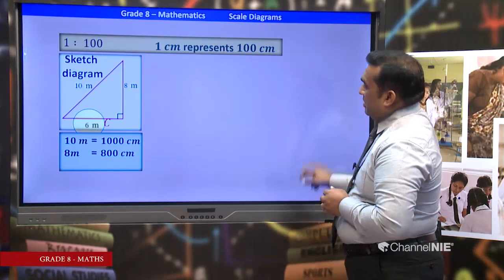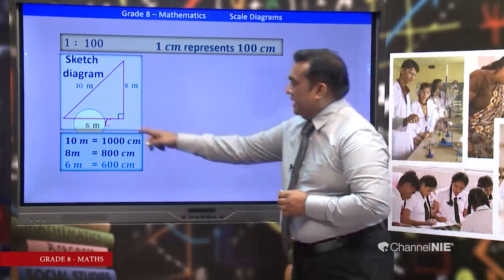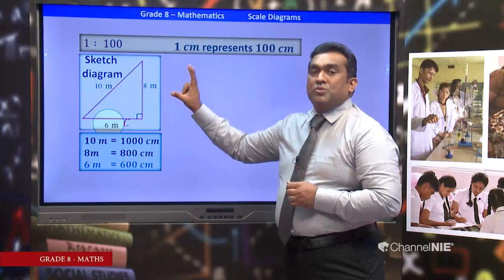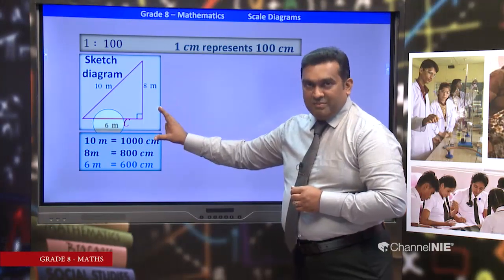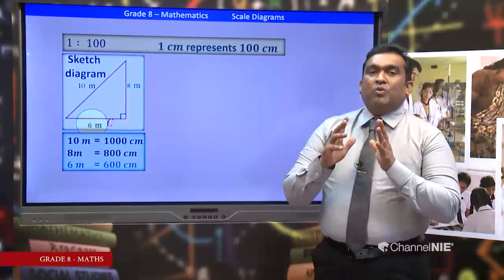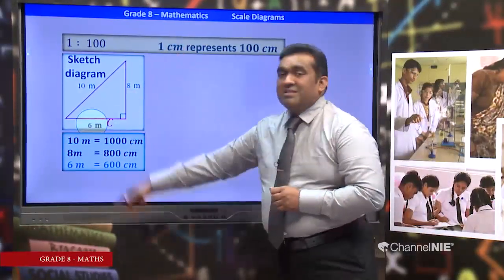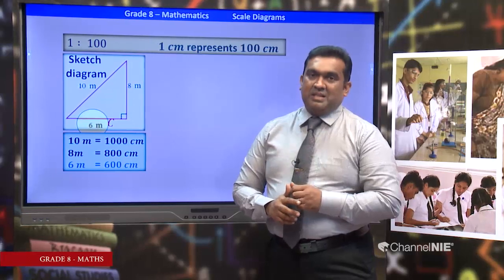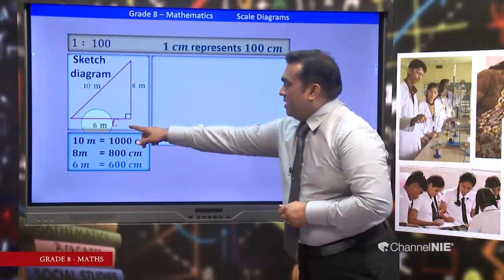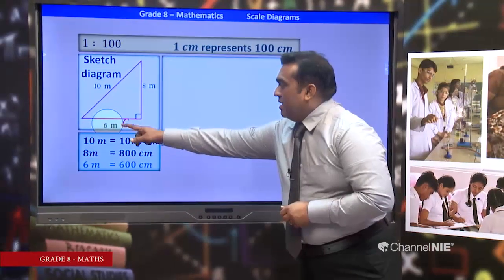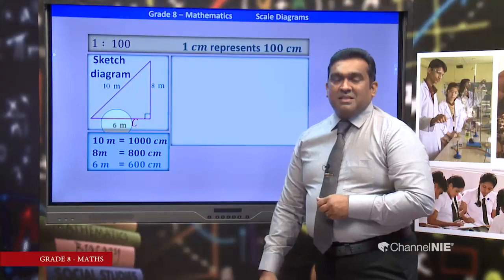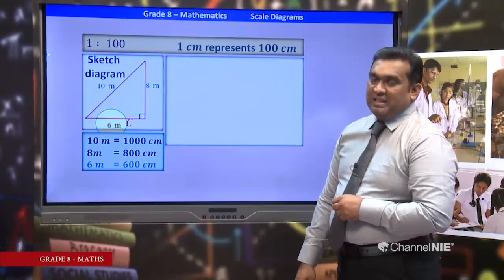Now, this side. This is the sketch. We want to draw the scale diagram. Before drawing the scale diagram, you have to convert each length into centimeters, right? Then we are going to find out how many centimeters in 6 meters in the actual diagram.